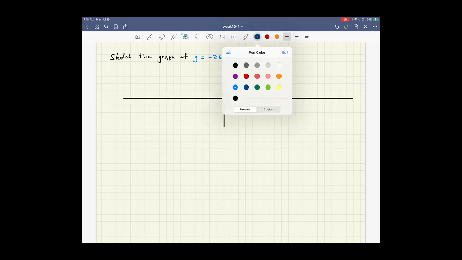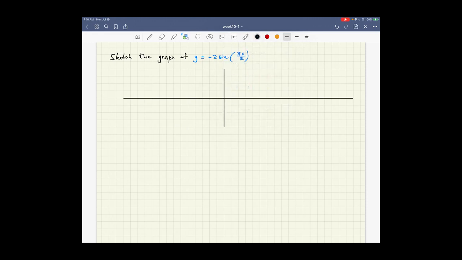All right, so this is the y-axis, this is the x-axis.